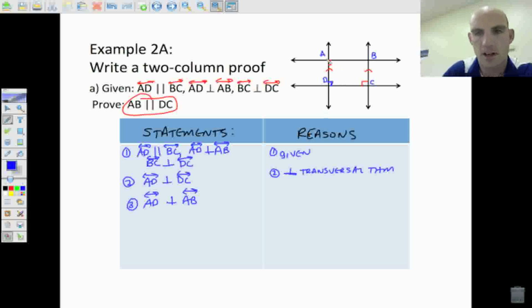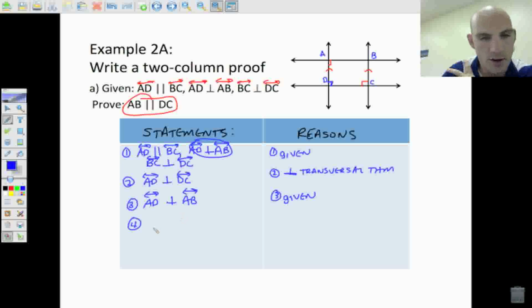How can we say this? AD perpendicular to AB. Well, that's a given. We actually already set it up here, but I'm restating it to bring it back in so that I can step to my next part of the theorem.